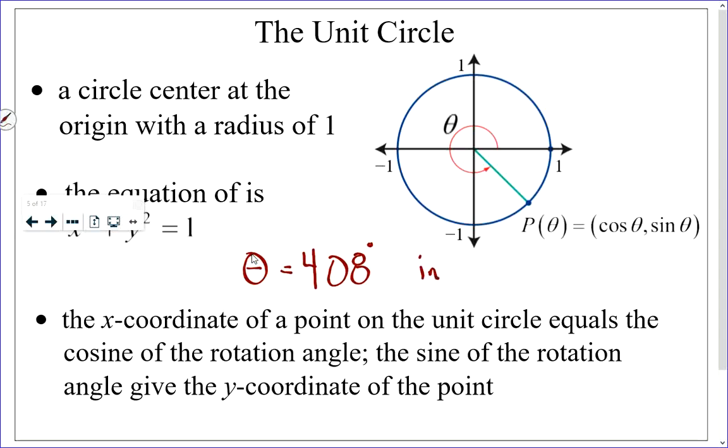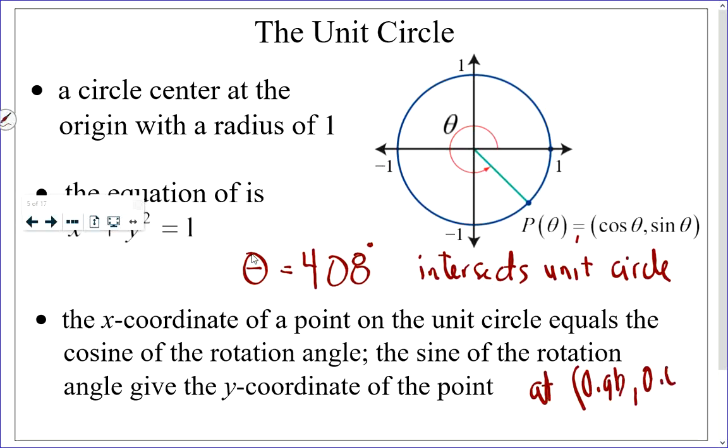It intersects the unit circle at 0.AB, 0.CD, with both of those coordinates rounded to the nearest hundredth. What are the values of A, B, C, and D?